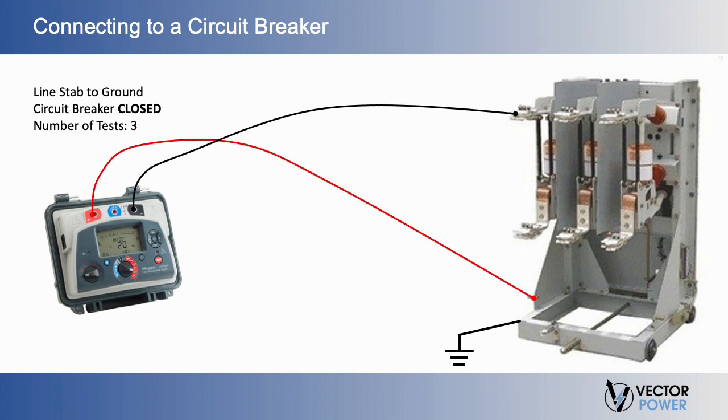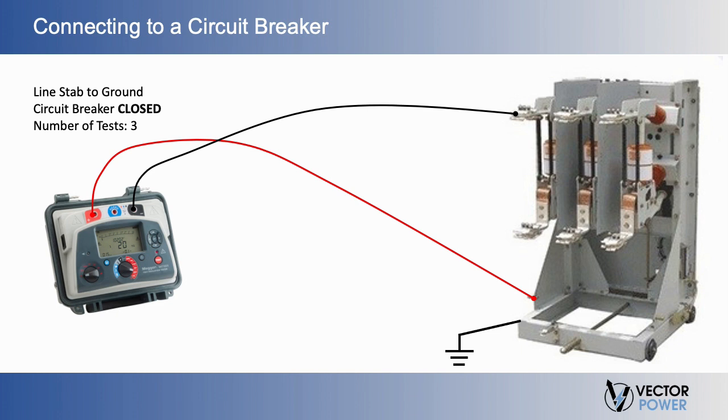Our next series of measurements will be to measure the line stab to ground. To perform this test, the breaker is now placed in the closed position, and once again there will be a total of 3 tests performed.